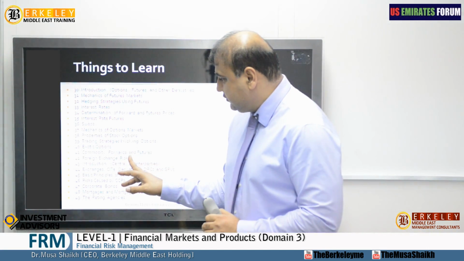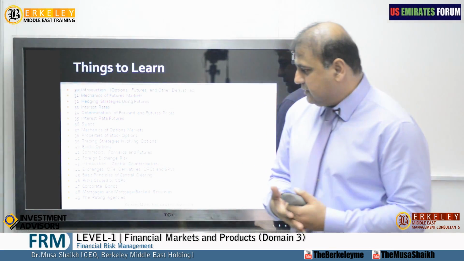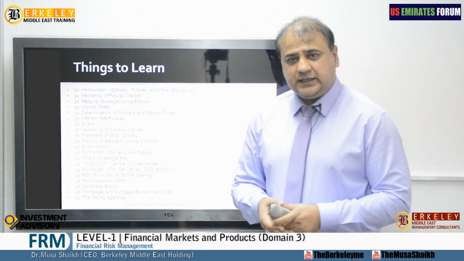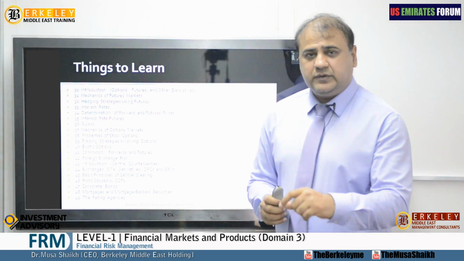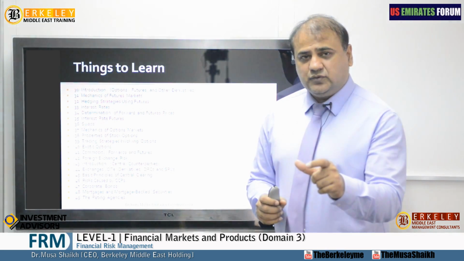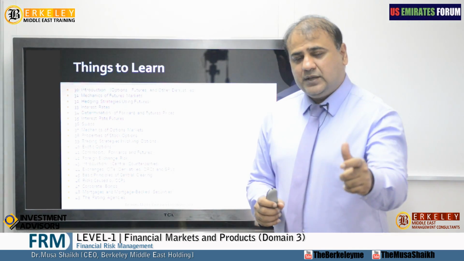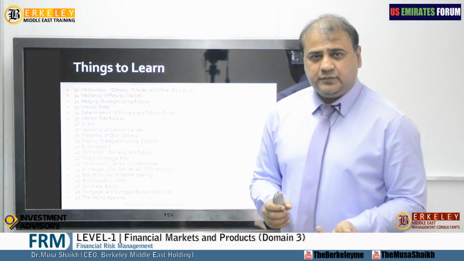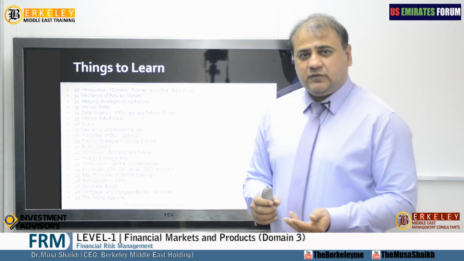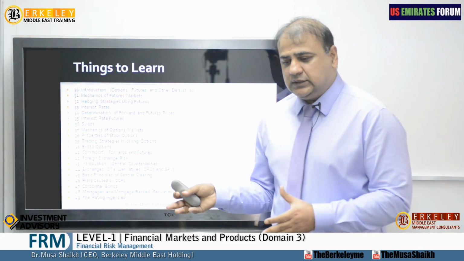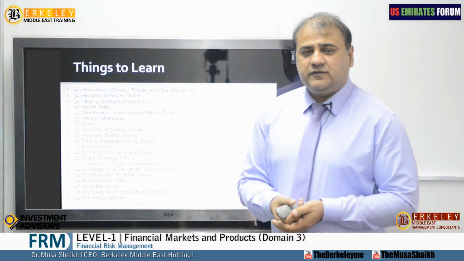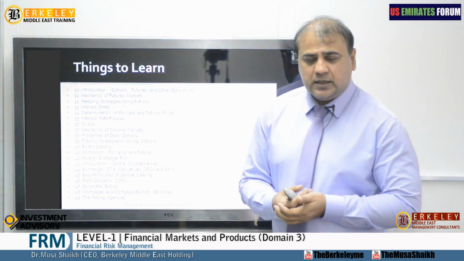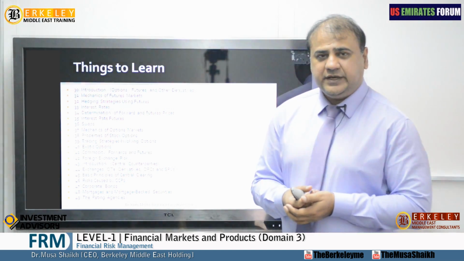Commodity, forward and futures. I already discussed a little bit about forward and future: there is a buyer, there is a seller, and there is an agreed amount, and the exchange of goods will be after a certain time. It can be good for agriculture products, where both parties, like McDonald's and the farmer, sit together and have an agreement, and after 4 months when the crop comes, they will settle their trade.